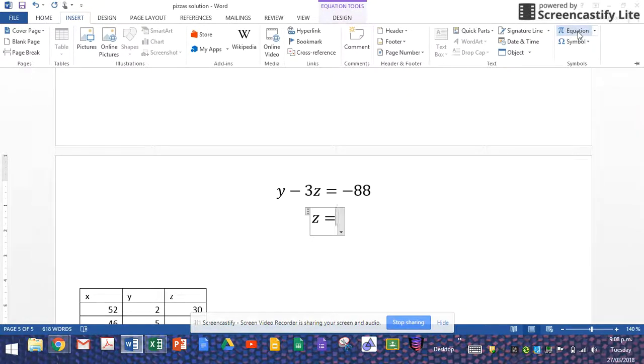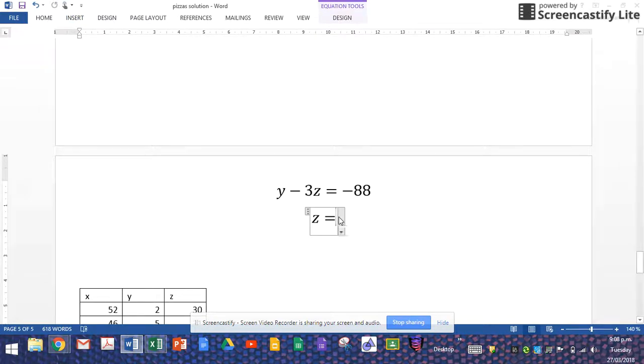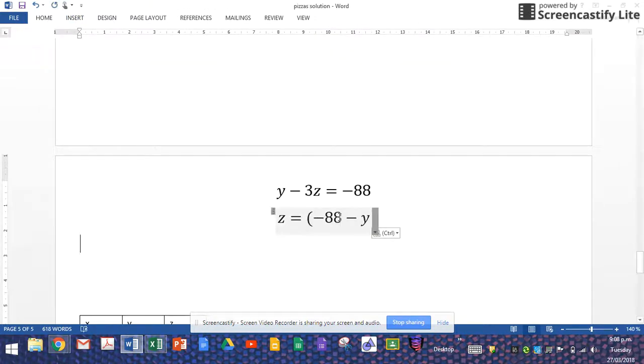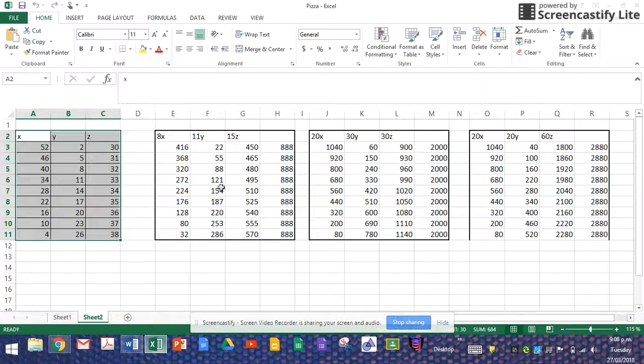Insert it. Where's my equation? Okay. Don't want to waste time, so I'm going to do that. Divided by, I'm sure it's negative 3. So what I've done is this.